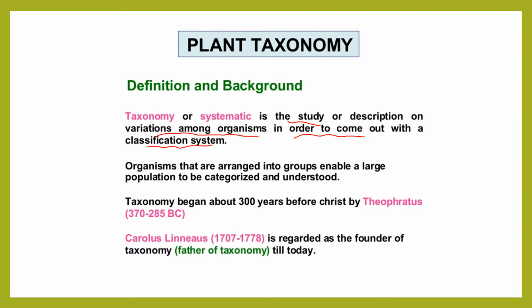That means taxonomy or systematics will help us to classify the different species, no matter whether it is a plant or an animal which exists on the earth. Taxonomy began about 300 years before Christ by Theophrastus, in the year 370 to 280 BC. Carolus Linnaeus is regarded as the founder of taxonomy, or you can call him the father of taxonomy to date.